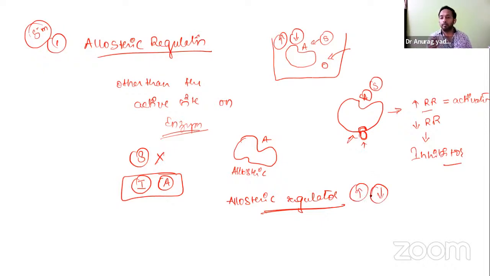So that is about allosteric regulation. For example, we'll take one instance. We have the substrate. It is of this shape. Definitely the enzyme's active site will be complementary, or it will make changes in the active site, because we told that the active site is flexible. So the substrate can modify the structure.